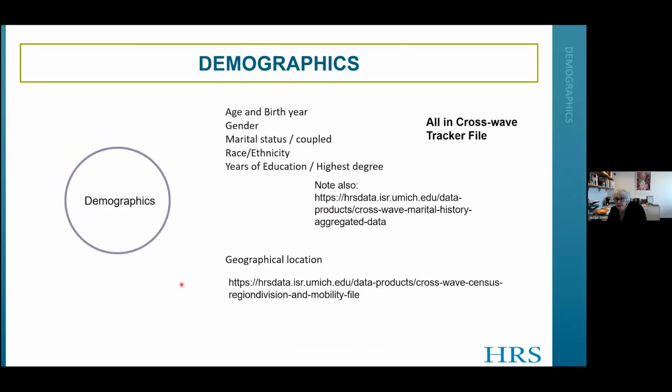Demographics, we have a lot of those too. Obviously, age, birth year, self-reported sex or gender, marital status, race, ethnicity, years of education, also geographical location, obviously, because we visit people.